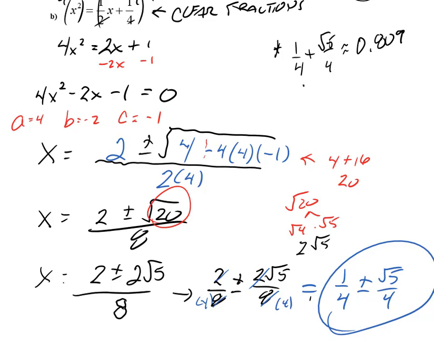And the other answer, 1/4 minus the square root of 5 over 4, would approximate to negative 0.309. So again, we can approximate our answers as long as we give the exact answer. So here are our exact answers, and here are our approximate answers.